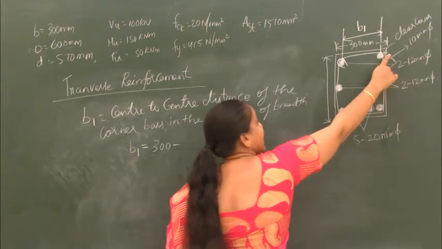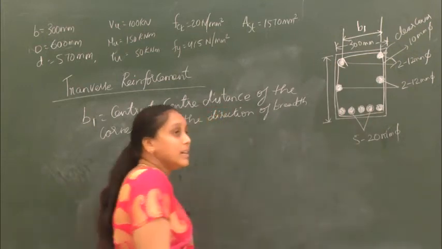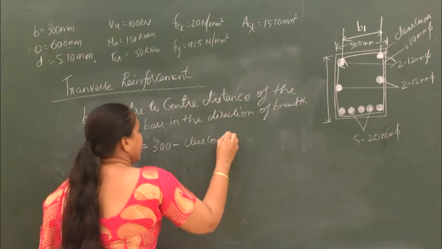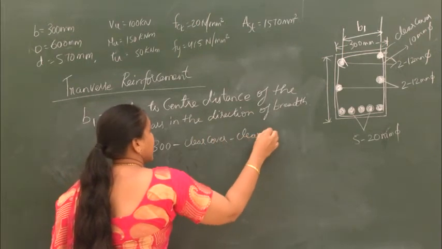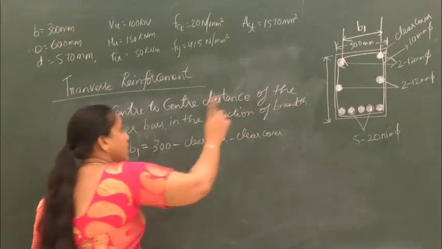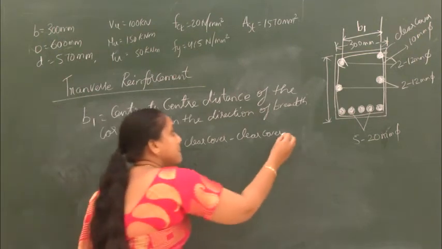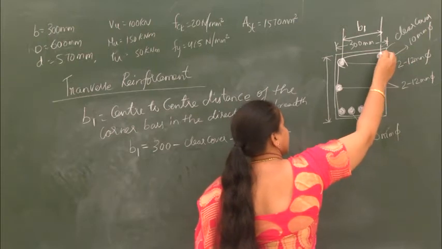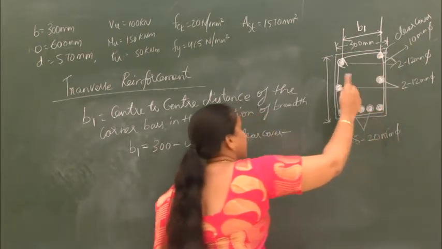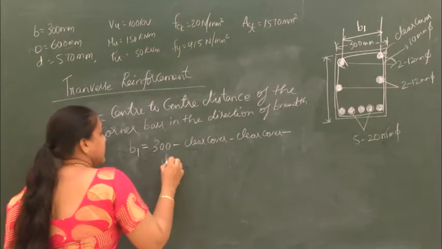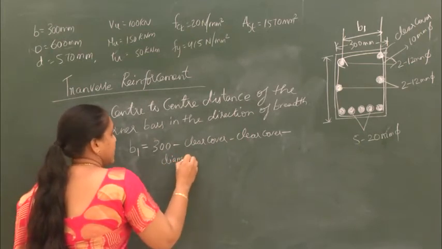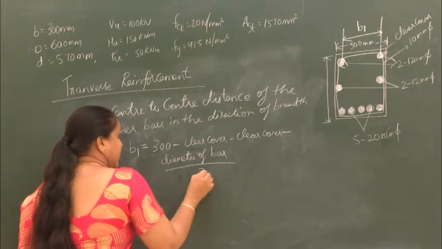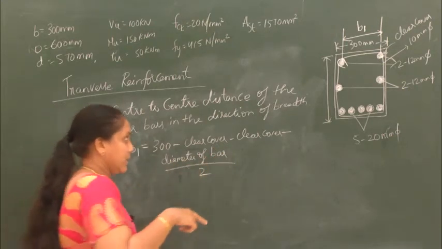So this side you have one clear cover and this side also you have another clear cover, minus the clear cover, minus clear cover, because you have to remove it from both sides. Then minus the center of this particular reinforcement, that is, minus the diameter of bar by 2, because it is at the center.